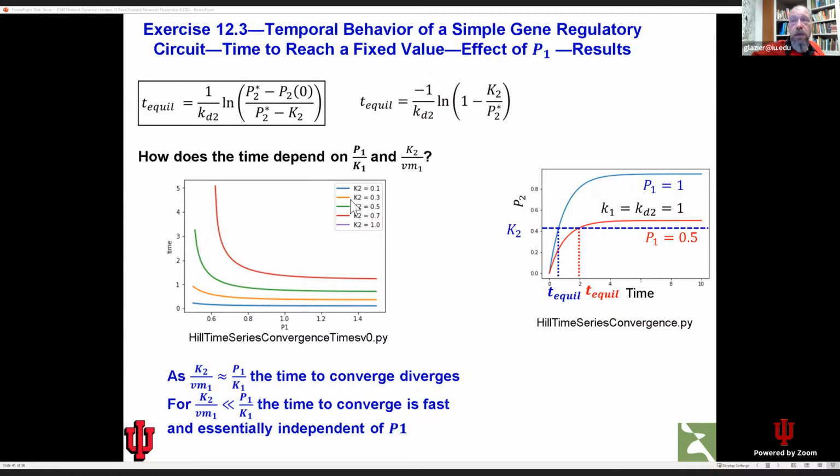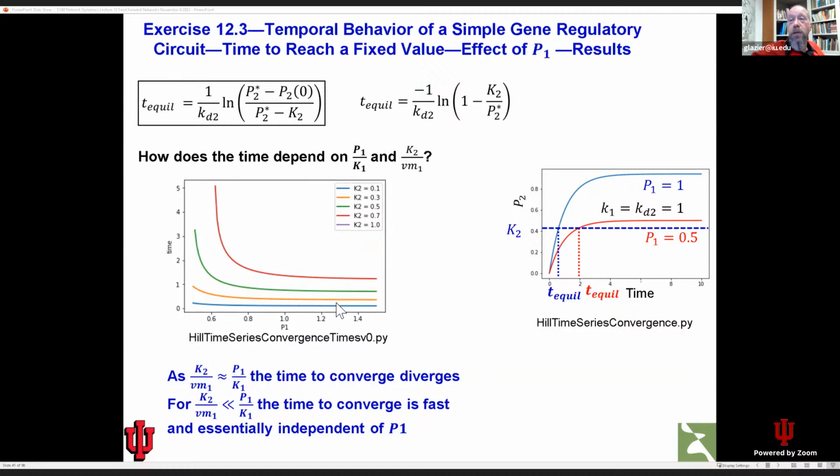As K2 gets smaller, the time gets longer for small values of P1. If K2 is here 0.7, let's see, actually the color maps right, sorry, I got that backwards.